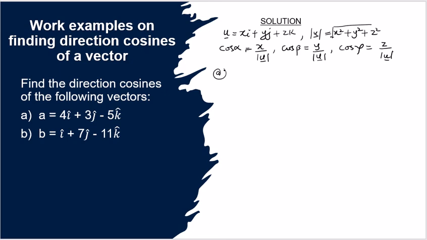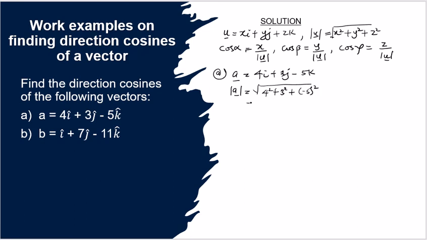So in the first example now, we are going to be going by that, given vector A, which is 4i plus 3j minus 5k. The next thing for us to do is to obtain its modulus. So the modulus of this vector will be given as the root of 4 squared plus 3 squared plus minus 5 squared.